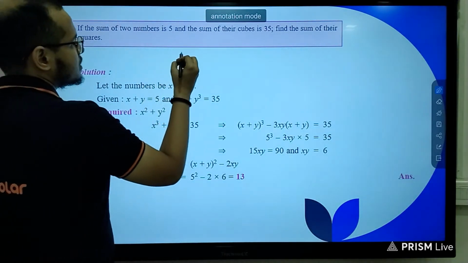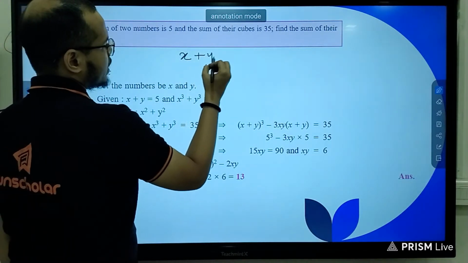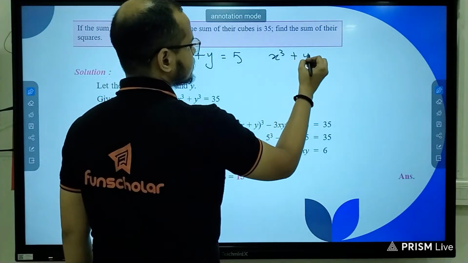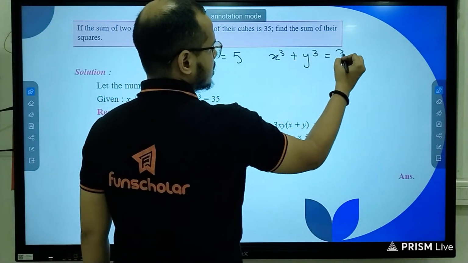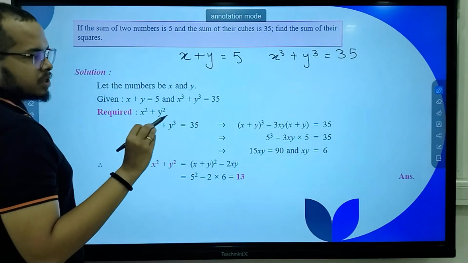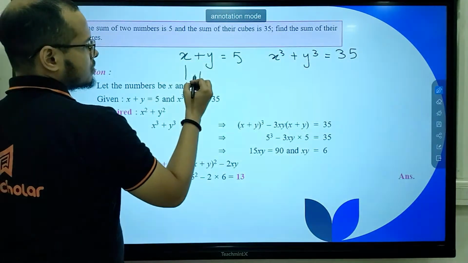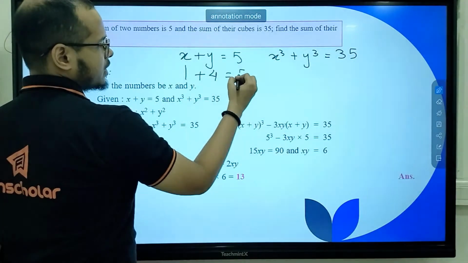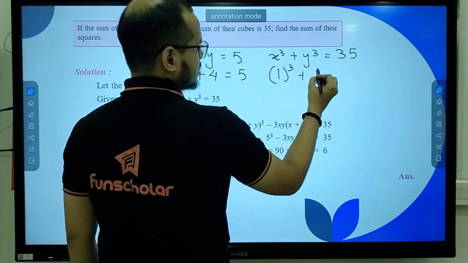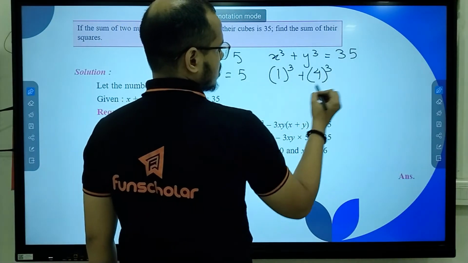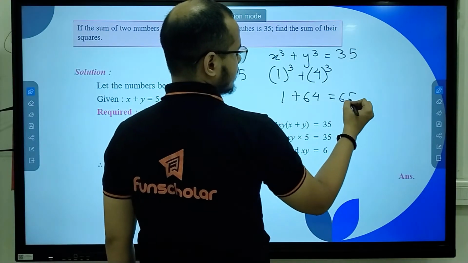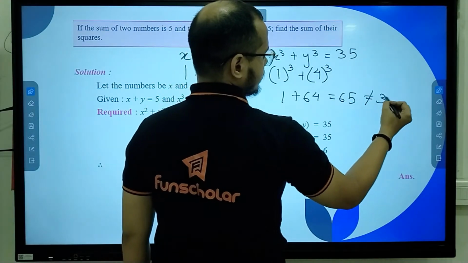What is that? The sum of two numbers is 5 and their cubes is 35. Let us put values. This method is known as value putting method. So 1 plus 4 gives us 5, right? But 1 cube plus 4 cube, 1 plus 64, it is giving us 65 and not 35.